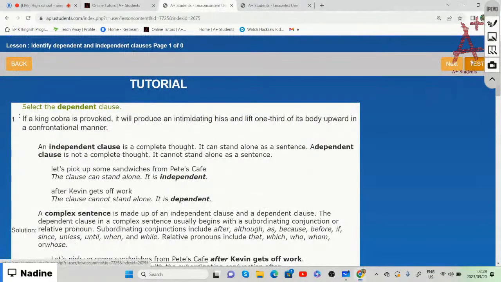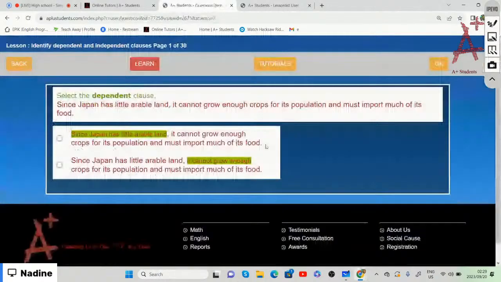All right, let's quickly go to our test where we will identify dependent and independent clauses. We need to select a dependent clause, the clause that cannot stand on its own. Since Japan has little arable land, it cannot grow enough crops for its population and must import much of its food.